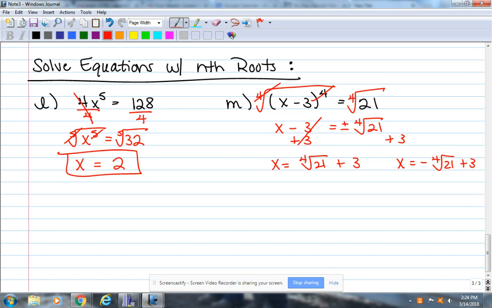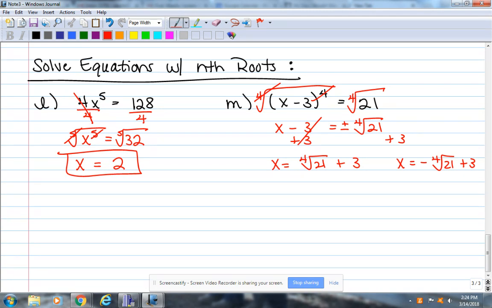Okay? So a 4th root is the same thing as what power? 1/4, right? A cube root is the same thing as a 1/3 power. A square root, same thing as a 1/2 power, right?